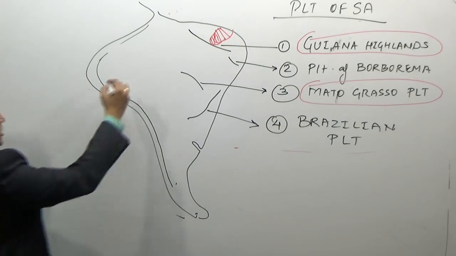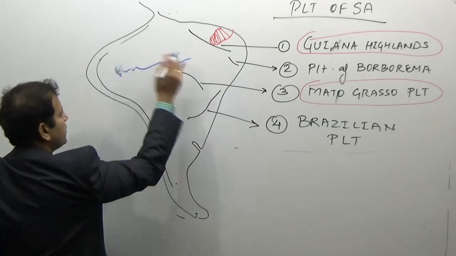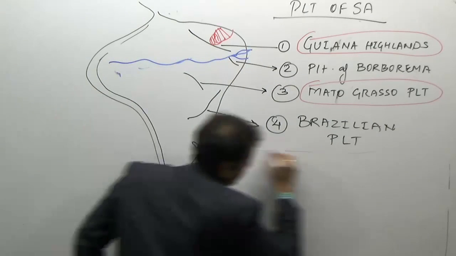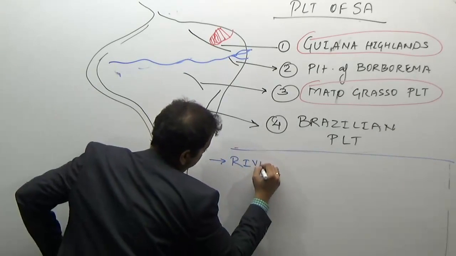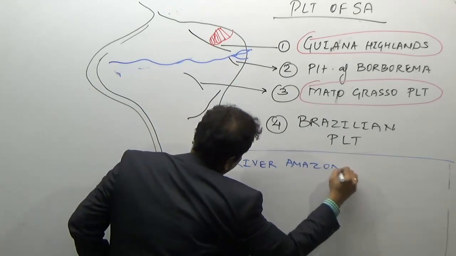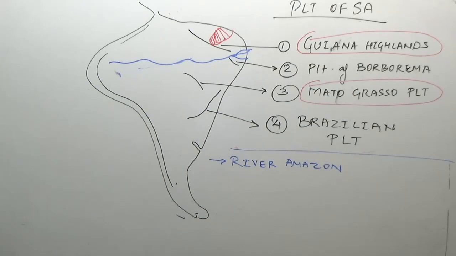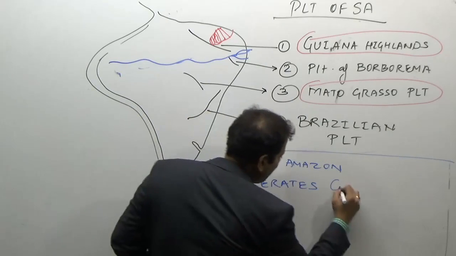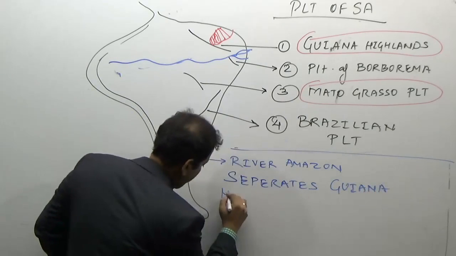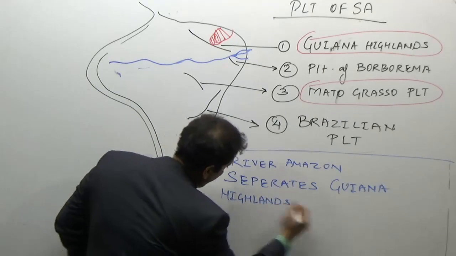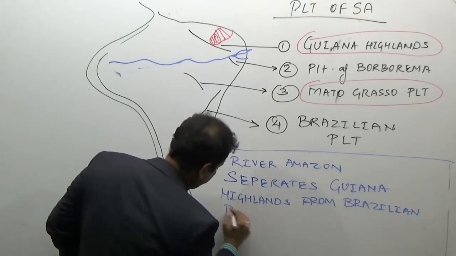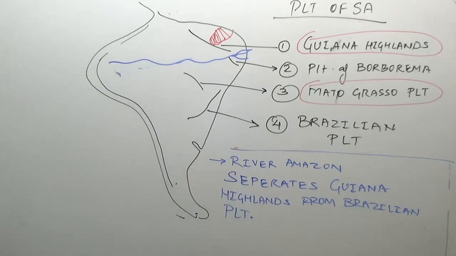In fact, the river Amazon separates the Guiana Highlands from the Brazilian Plateau.